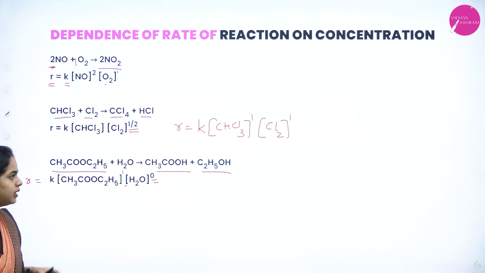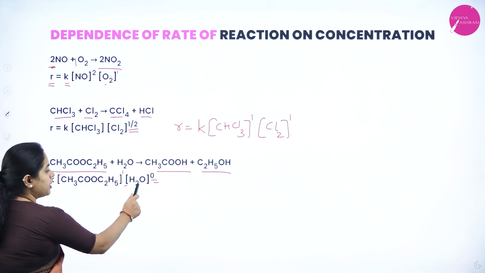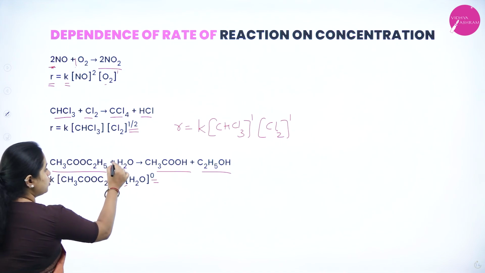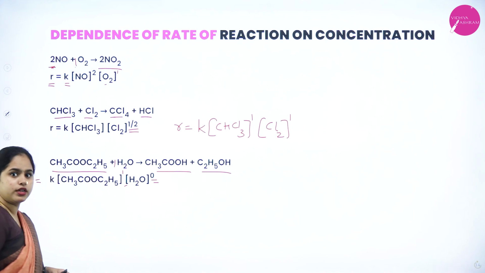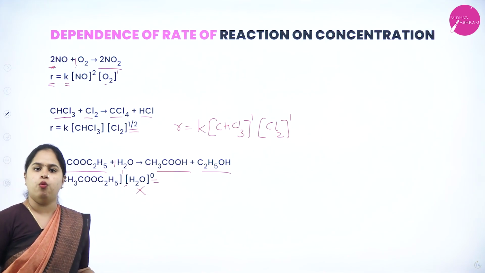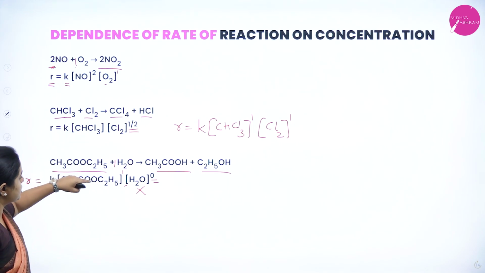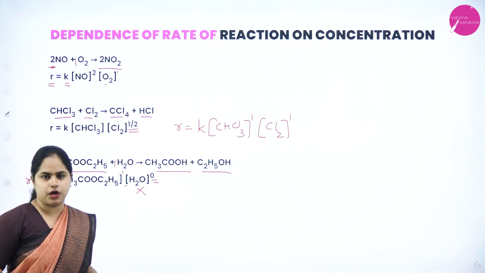As you can see here, it is depending on the concentration of the ester, but it is not depending on the concentration of water. It should be H2O raised to 1, right? But it is not depending on the concentration of water. So what are these types of reaction? All this in detail we are going to study in the upcoming sessions.